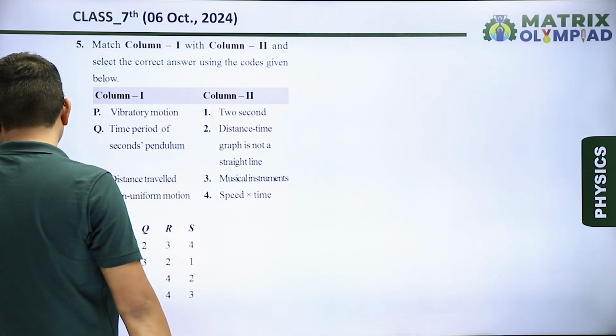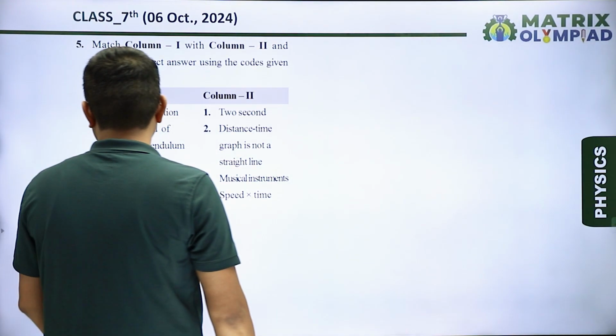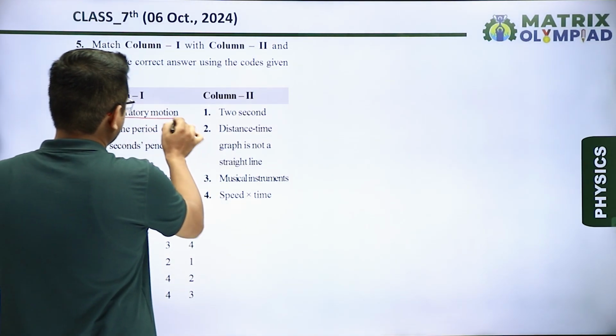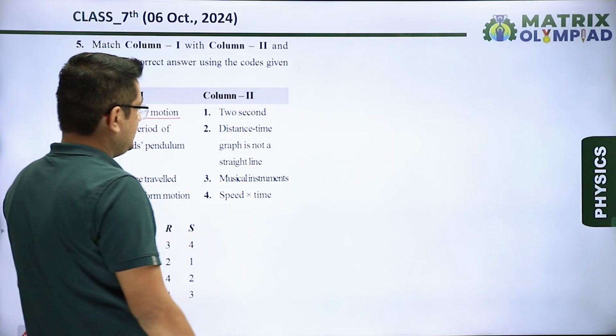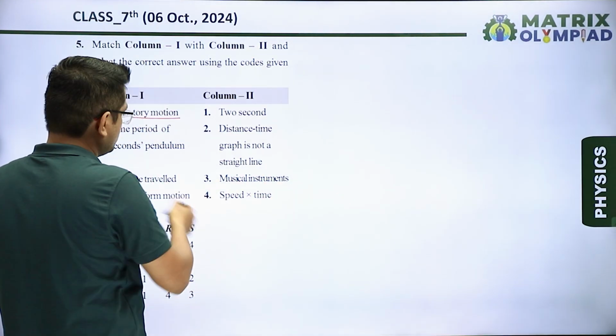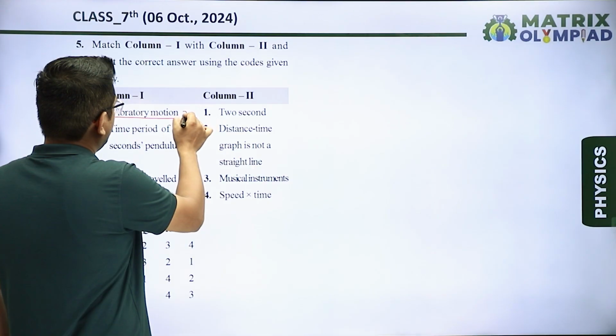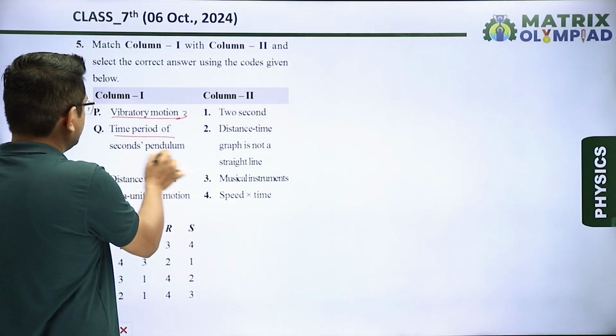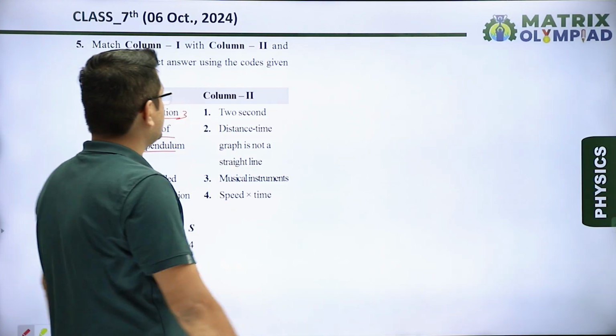Next question number 5, which is a match the following question. Let us start. Vibratory motion. In column 2, I can see the musical instrument, the strings do vibratory motion. So for P, I will write code 3. Time period of seconds pendulum is equal to 2 seconds.